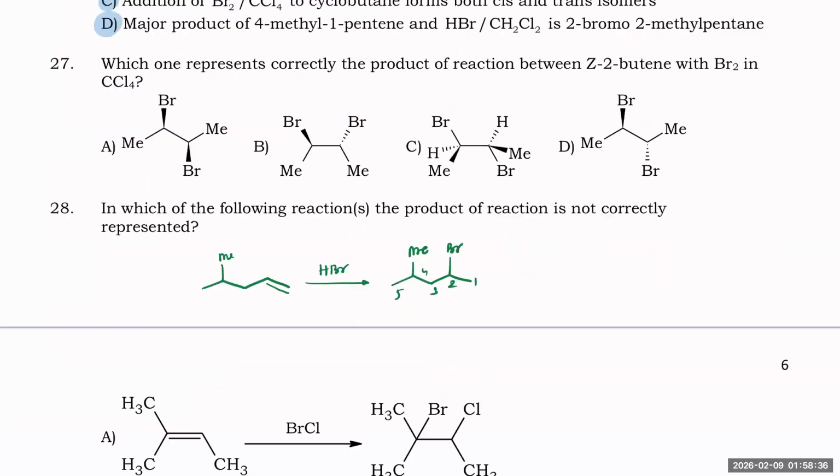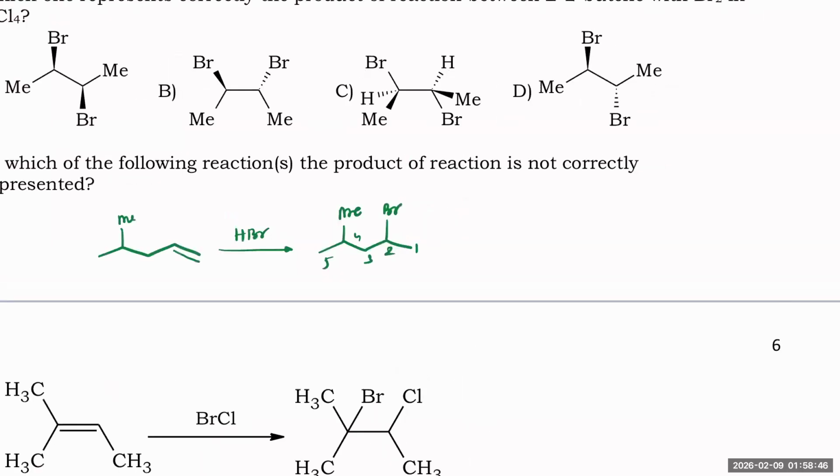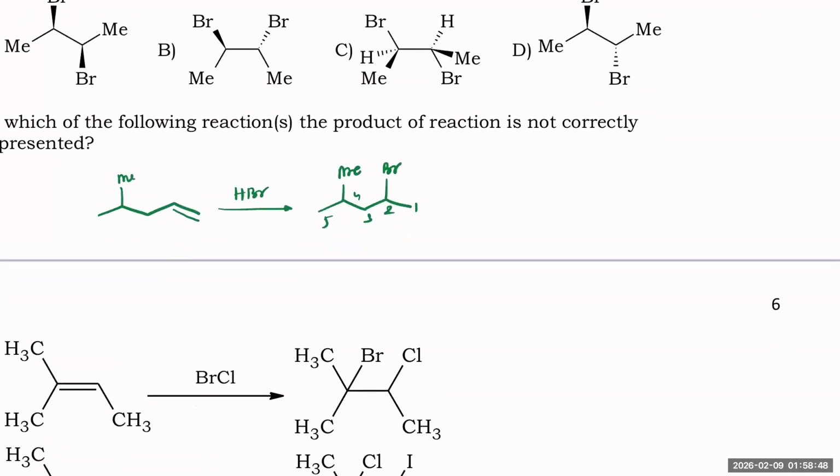Question 27. Which of the following represents correctly the product of the reaction between Z-2-butene with bromine in CCl4? Okay. What is Z-2-butene? See, if you have 2-butene like this with H here and H here, this is methyl and methyl. As per CIP rules, this is rank 1 and this is rank 2.